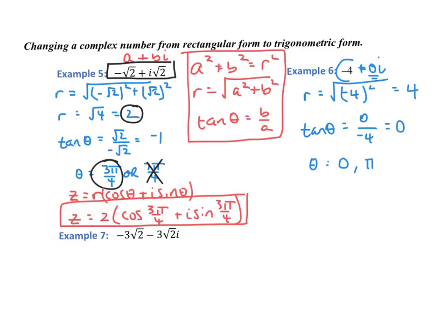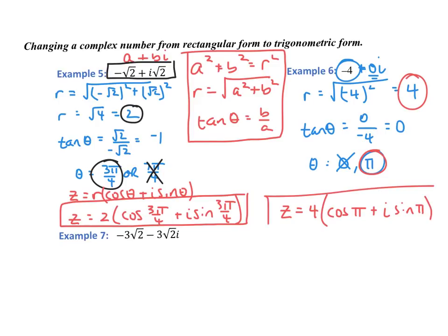Well, think about negative 4. Negative 4 would be on the left side of the x-axis, which means I'm going in a 180-degree direction. So I'm not going to use 0 for theta. I'm going to use pi for theta. So now that I know what my r value is and I know what my theta value is, z is equal to 4 parentheses cosine pi plus I sine pi.